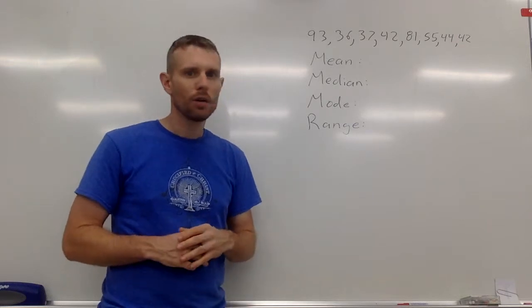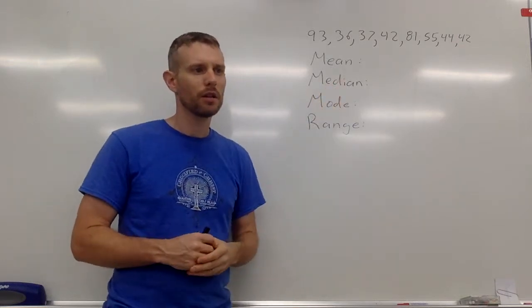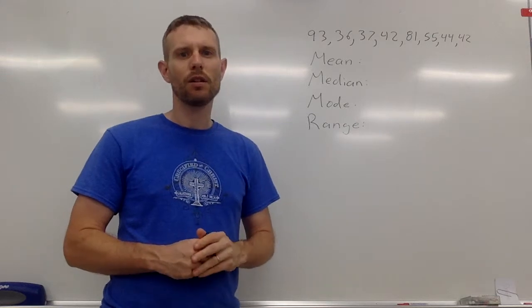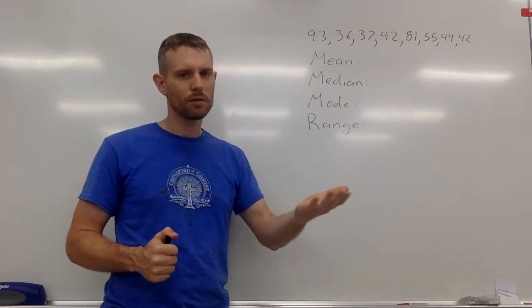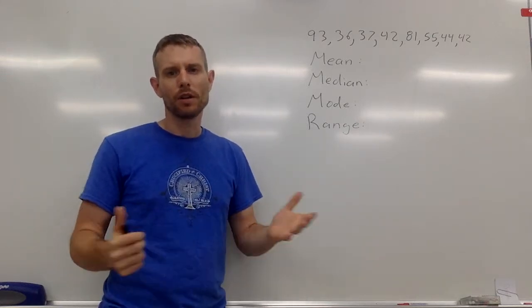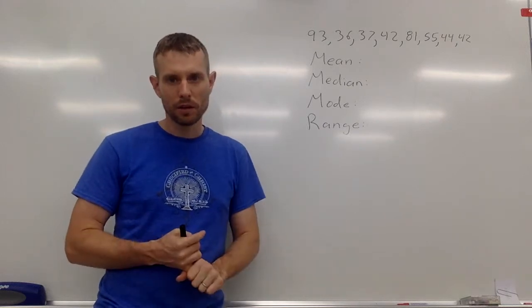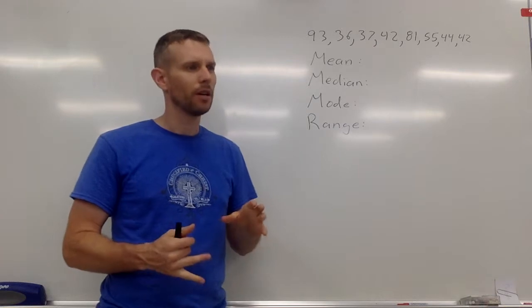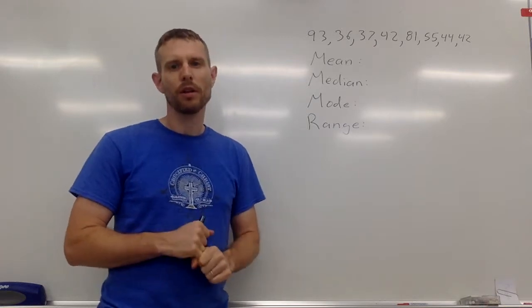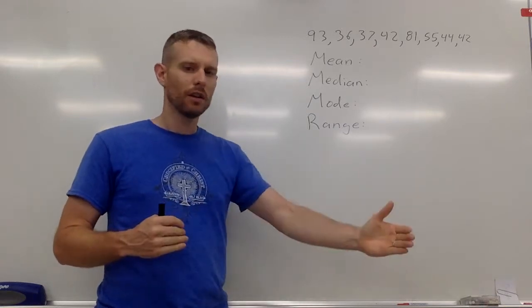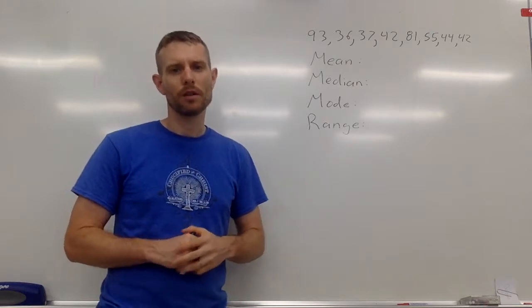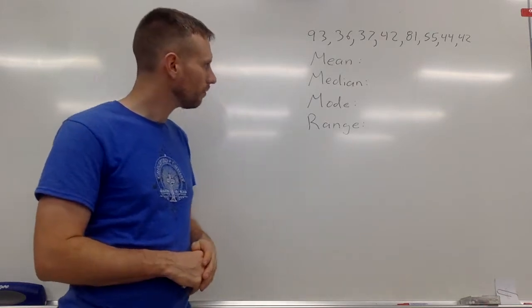So if you have one number that's listed 3 times, let's say, and all of the other values are only listed once or twice, that would be the mode. You could have one number as the mode, you could have more than one number as the mode, and if all of the values are just listed once, then you will have no mode.